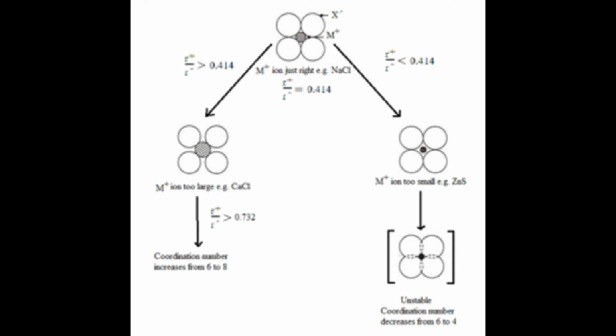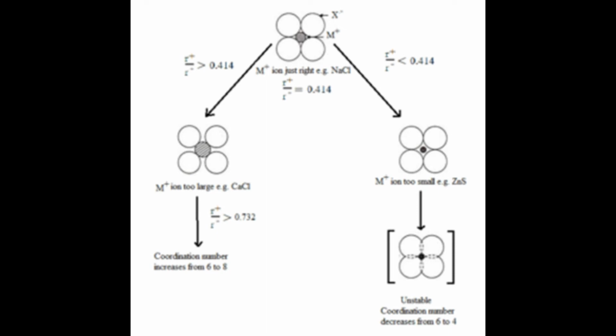But if it becomes more than that, what does the cation feel? I am larger, I can surround even more anions. As more anions surround it, there will be more attraction, and more attraction means more stability. So the attempt of the cation will be to increase the coordination number. In the octahedral void, the coordination number was 6.